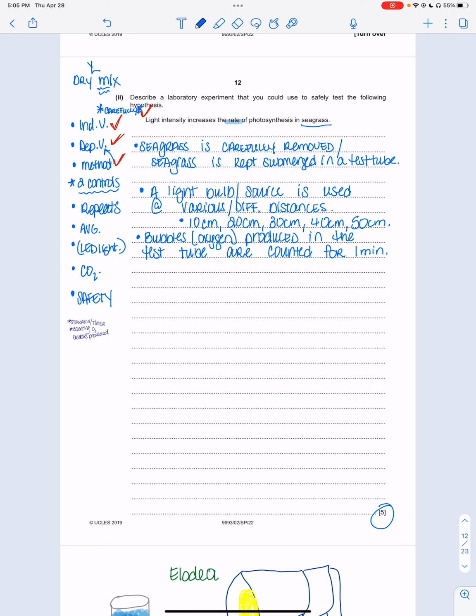We talked about the different distances.